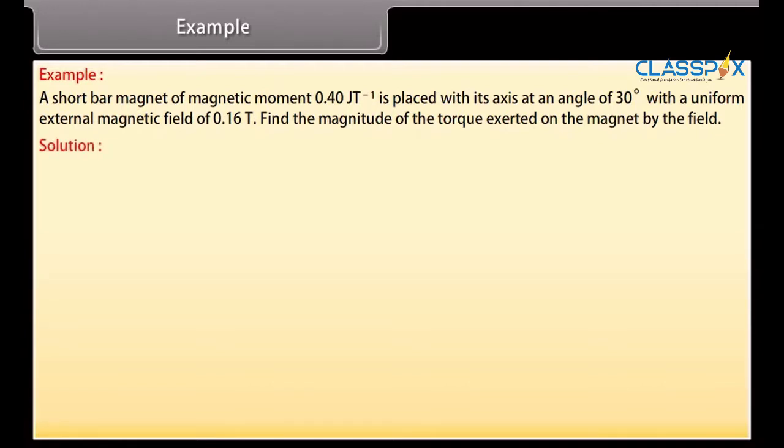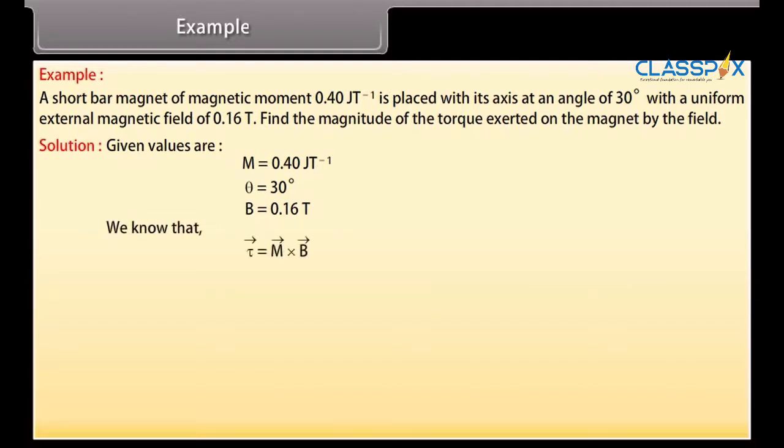Let's see the solution. Here given values are: m is equal to 0.40 joule per Tesla, θ is equal to 30 degree, B is equal to 0.16 Tesla. We know that τ is equal to the cross product of m and B, or in terms of magnitude, τ is equal to mB sin θ.